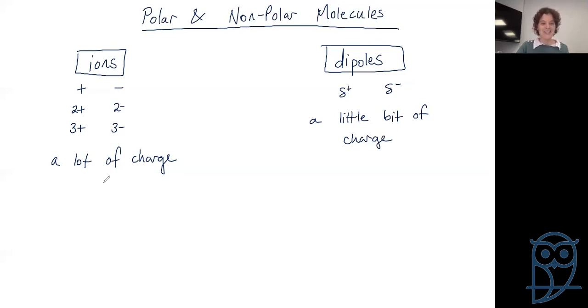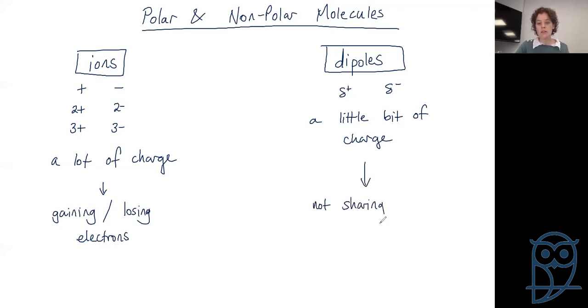Here, we're talking about gaining or losing electrons. So a full charge. Here, we're just talking about not sharing electrons fairly. So it's a lot less of a charge difference when we're talking about a dipole as opposed to an ion.